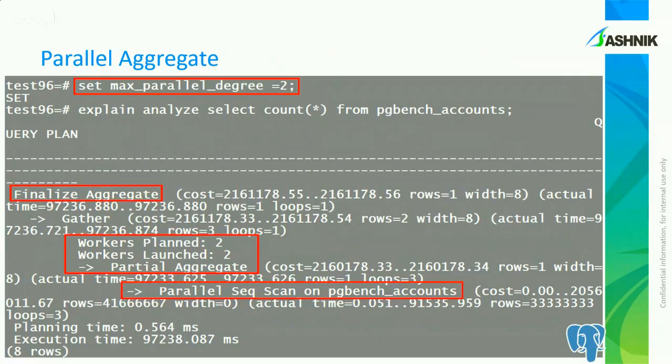So each of the worker processes doing a sequential scan will feed into a partial aggregate node, and all those nodes doing partial aggregates will gather that data in the gather node, and the final aggregation would be a result from the gather node. As you can see here, there are parallel sequential scans happening. It planned to use 2 worker processes, which it was able to launch, and that feeds into a gather node which finally goes to finalized aggregation.